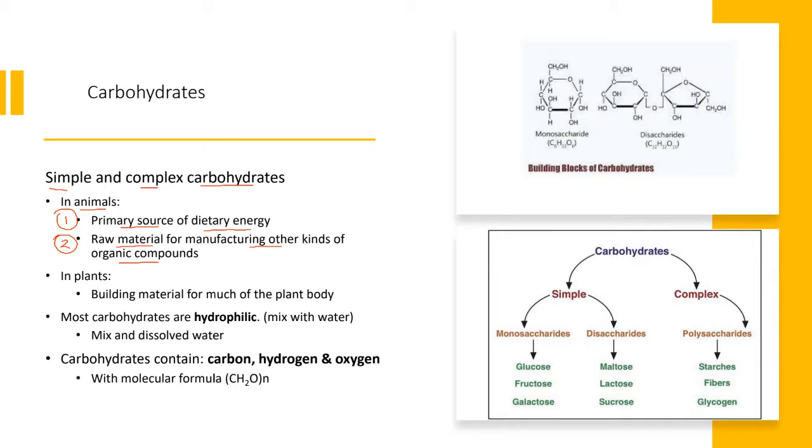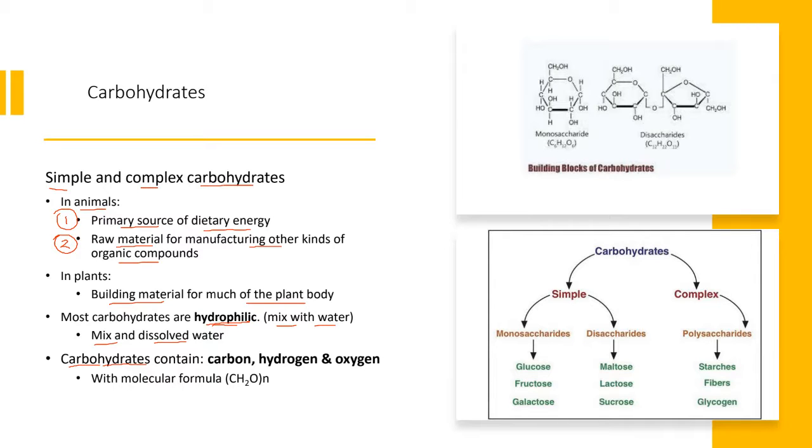In plants, okay, it's also going to be part of the building material for much of the plant body. Okay, we'll talk about that later on. Carbohydrates are mostly hydrophilic. That means they're able to mix with water. They're able to mix and be dissolved in water. And carbohydrate, the word says it, right? Carbo, carbon, hydrates for hydration, right?